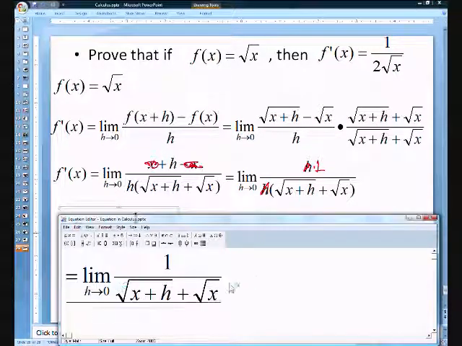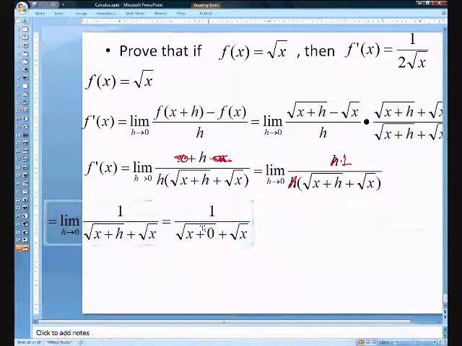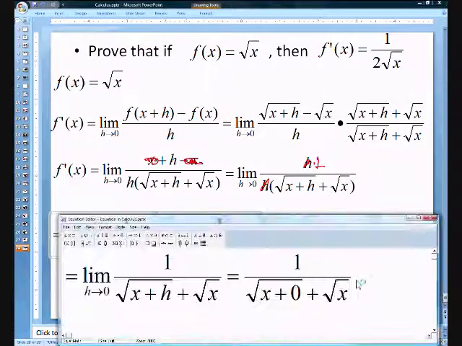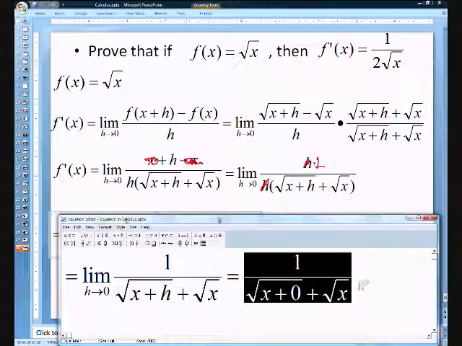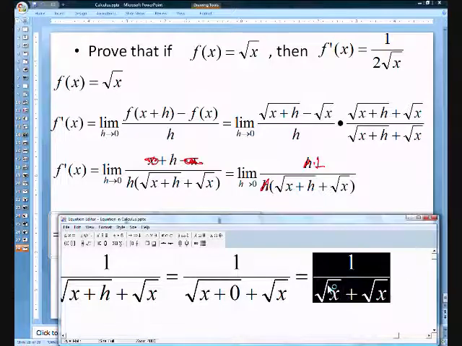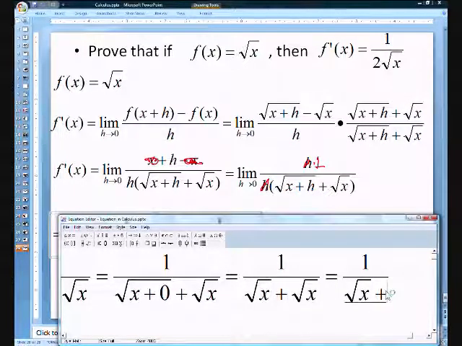So this is going to be equal to h actually equaling 0, right? And now it's going to be 1 over square root of x plus square root of x, which is going to be 1 over 2 square root x.